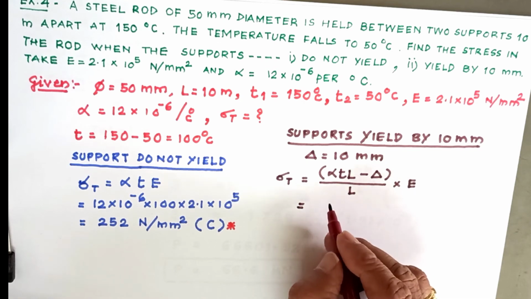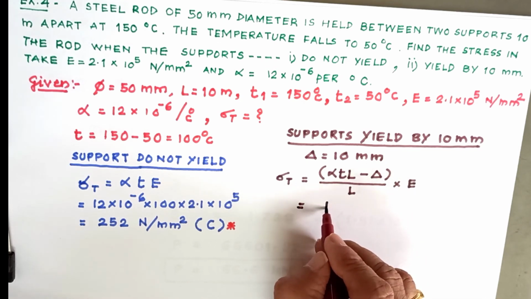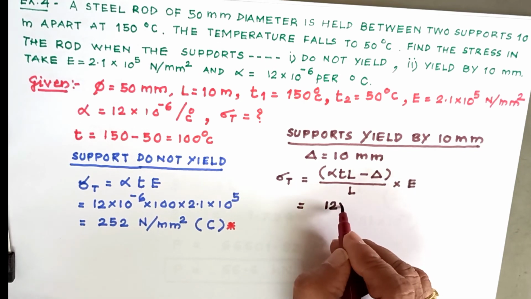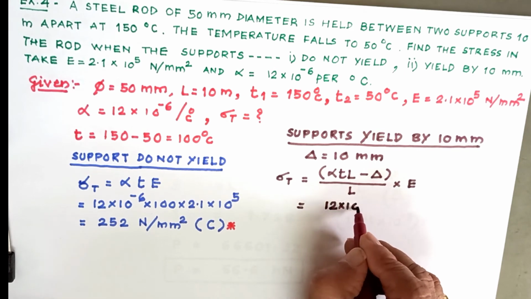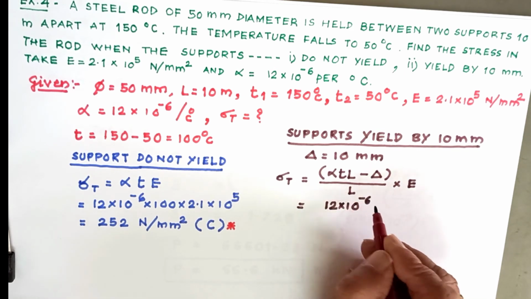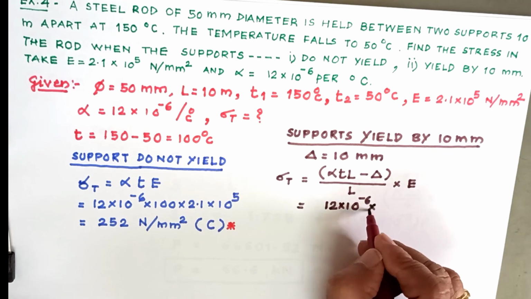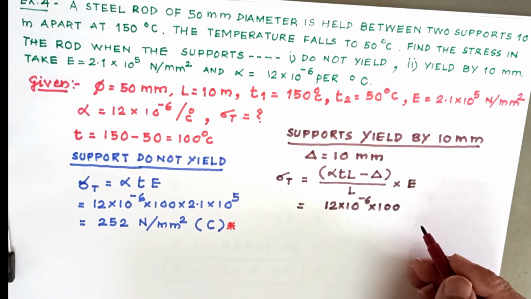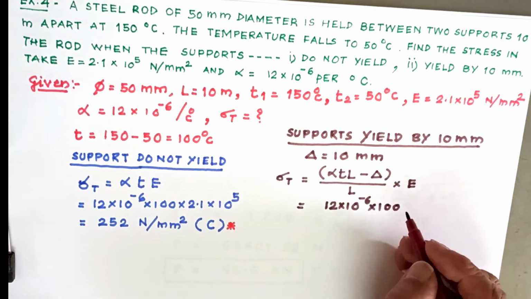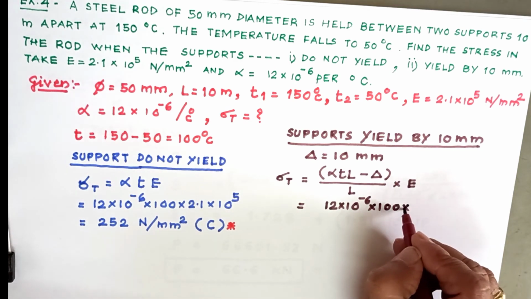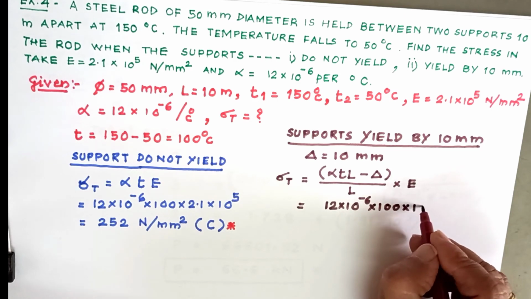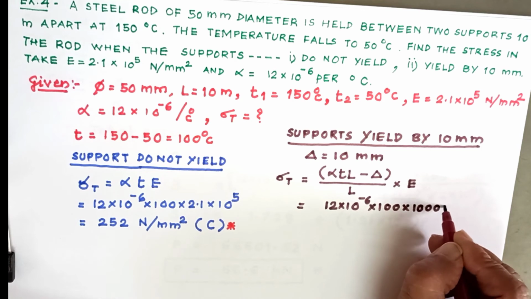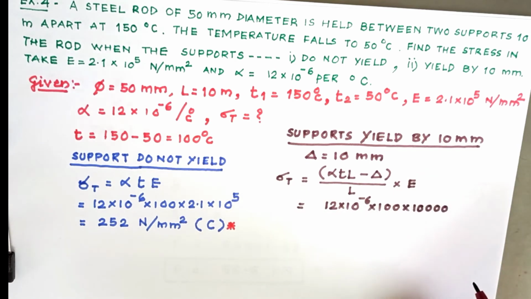What is alpha TL? 12 into 10 raised to minus 6, T is 100, 10 meter means 10,000 mm.